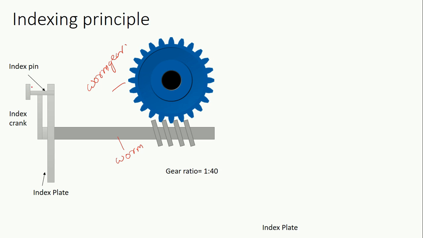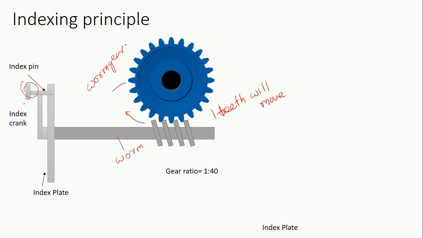When we rotate the index crank one complete rotation, as the gear ratio is 1:40, the worm will rotate and the worm gear will move in this direction. For one complete rotation, one tooth will move.